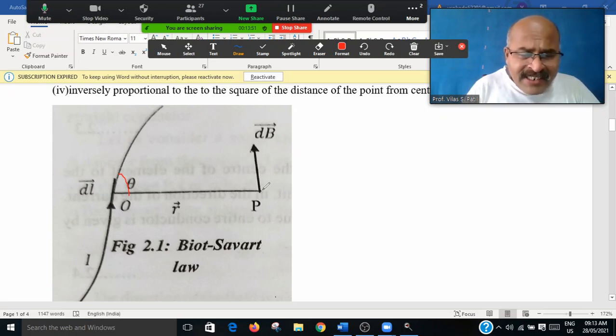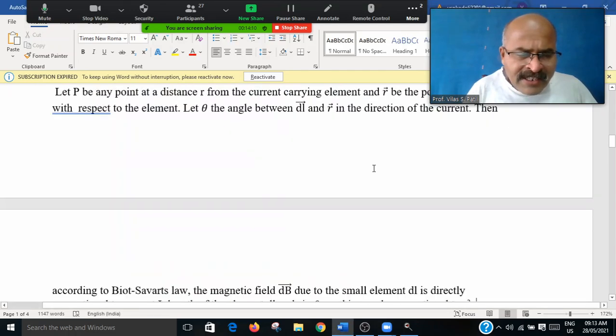Then the magnetic induction dB is directly proportional to I, directly proportional to dl, directly proportional to sine theta, and inversely proportional to the square of the distance between them, that is r square. And then we get the relation.